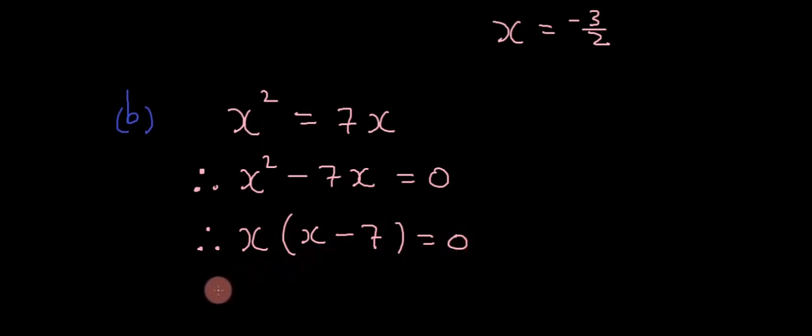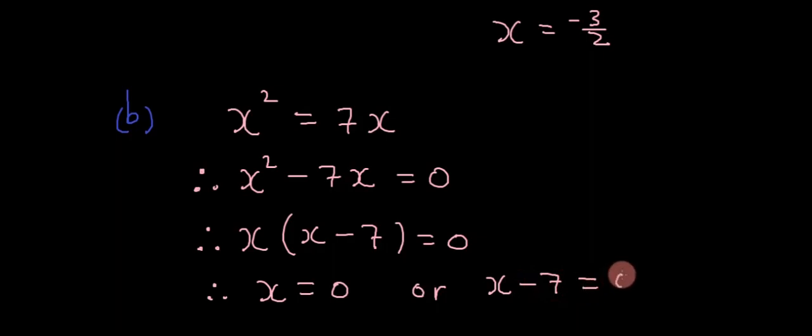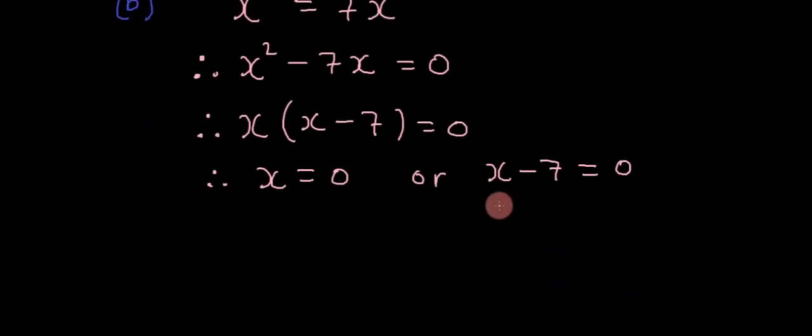Then using the zero product rule, x is equal to 0 or x minus 7 is equal to 0. And solving for x here, x will equal 7. So x is equal to 0 or x is equal to 7.